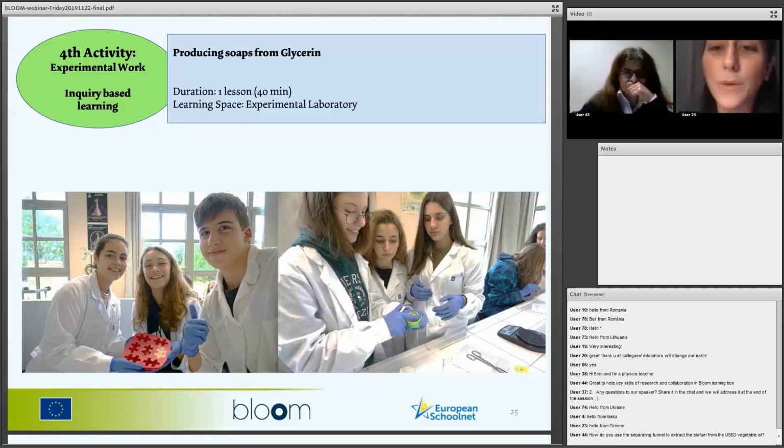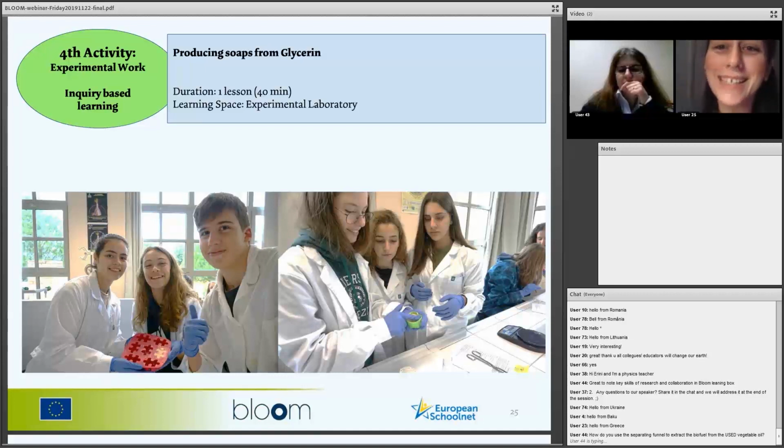After a few days, two layers came out. The first one was our biodiesel, and the second one was our glycerin. In the second experiment, we took the biodiesel and tested it, and then it was time for the third experiment and fourth activity, in which we used the glycerin to produce soaps.